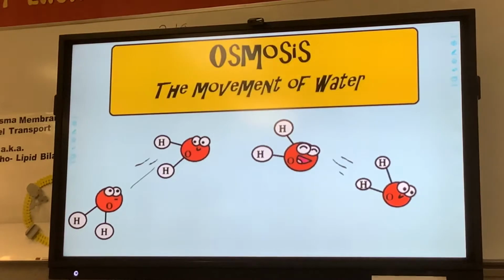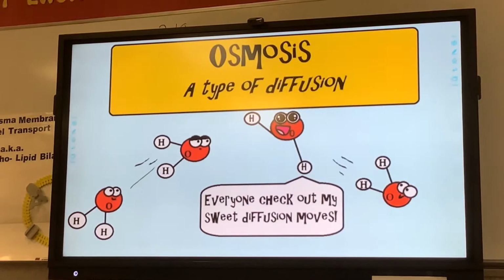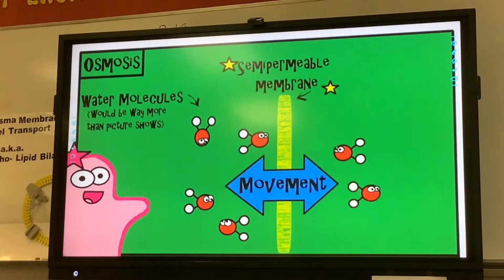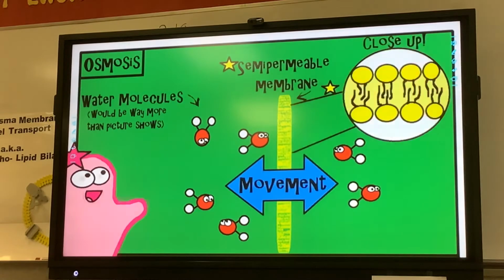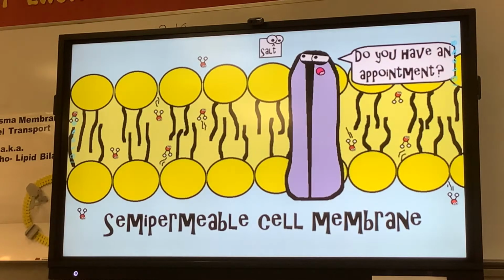Now, first understand that osmosis is the movement of water, and that really is a type of diffusion. Often when you're talking about osmosis, you're talking about the movement of water through a semi-permeable membrane like a cell membrane. A cell membrane has openings small enough for water molecules to pass, but it will not allow larger things like salt molecules to freely pass, at least not without assistance.